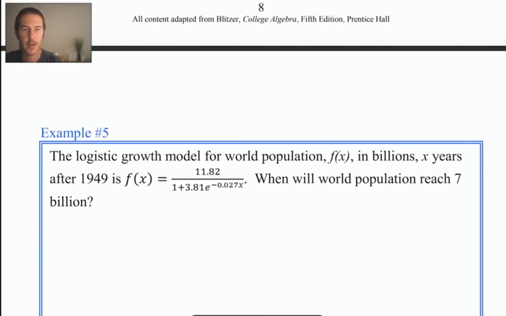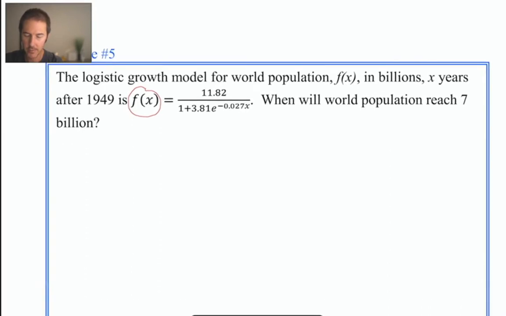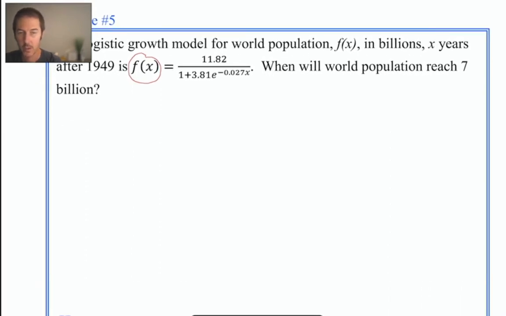And in example 5, we're being given a logistic growth function or model for the world population measured in billions, where x represents the number of years after 1949. And the question is, when will the world population reach 7 billion? So that's a final amount, which means that this number 7 is going to be replacing the left-hand side of this function. And then our task is to solve for x.